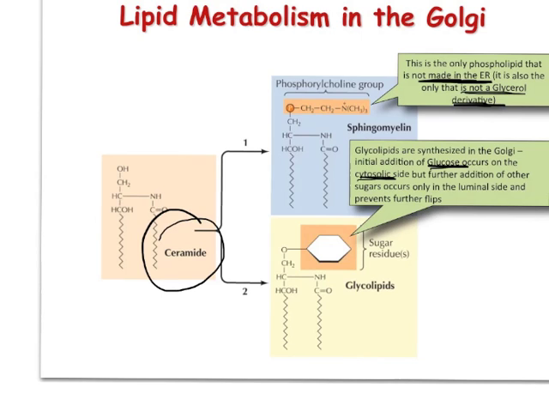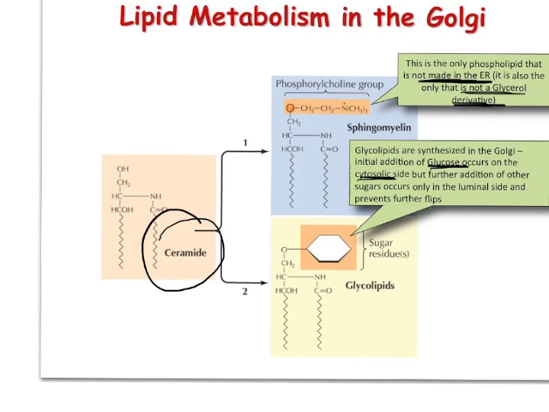After the addition of the initial glucose, this glycolipid is then flipped to the other side of the membrane so that it ends up facing the luminal side of the Golgi, and then other sugar residues are added, therefore producing the mature glycolipids. However, those additional sugar residues that are added then prevent further flipping of these glycolipids.